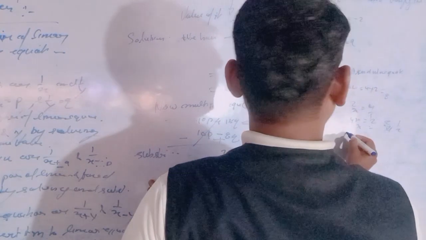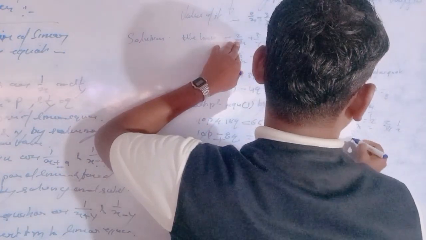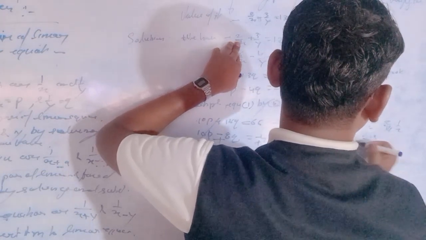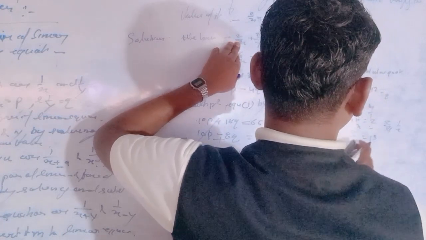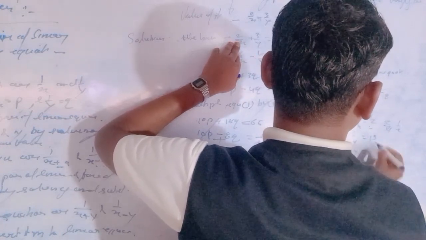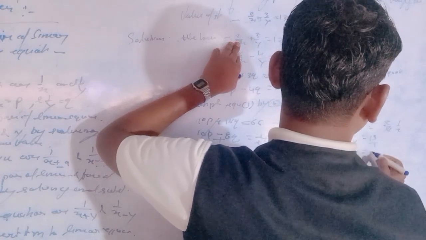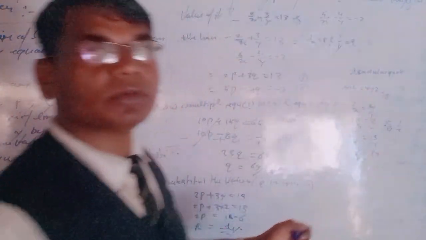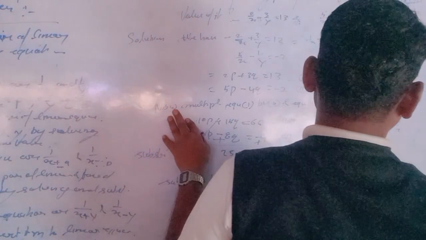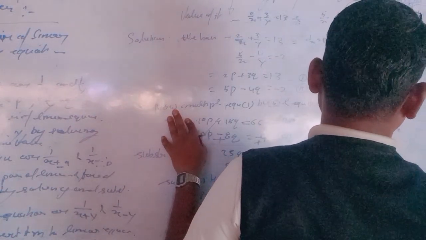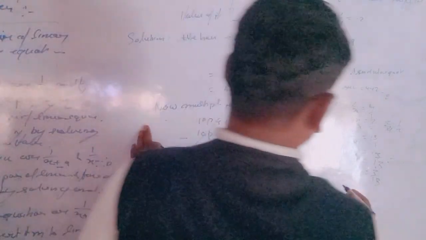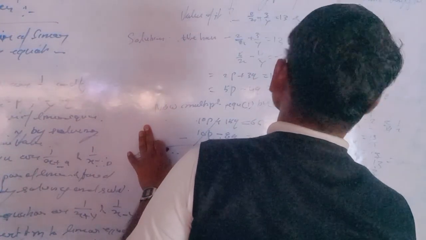And here 3 by y is equal to q, with q equal to 13, so 13y is equal to 3, then y is equal to 3 by 13. If we verify, substitute these values in the equation 2 by x plus 3 by y is equal to 13.